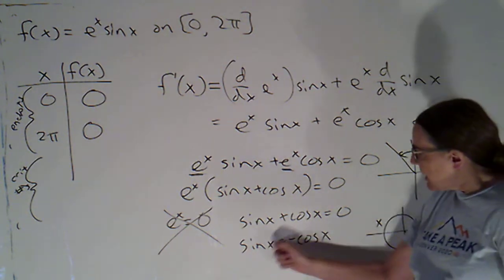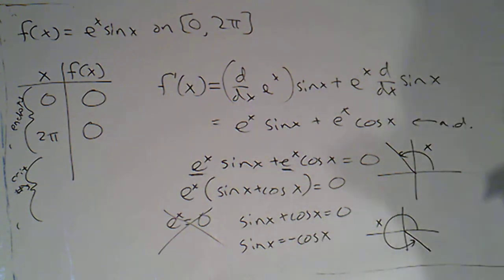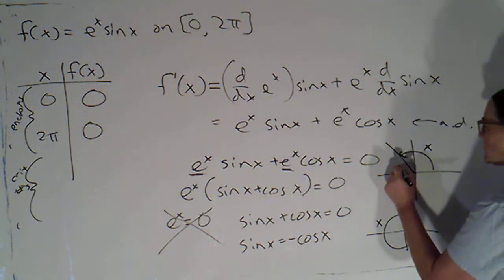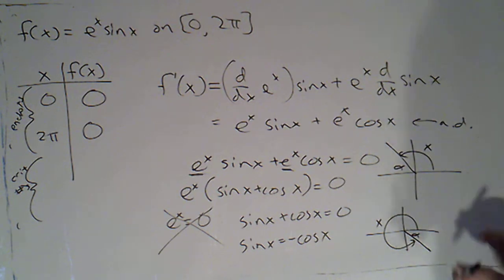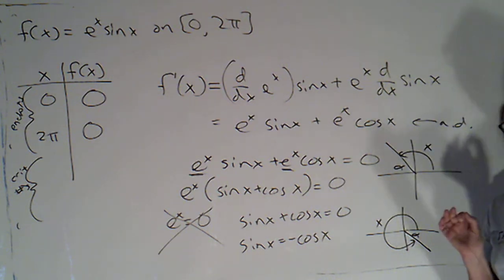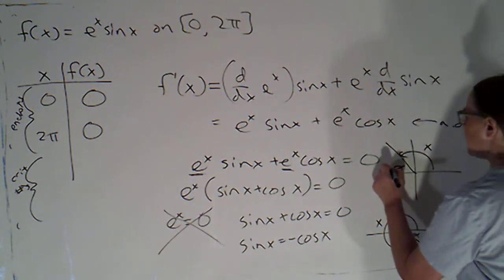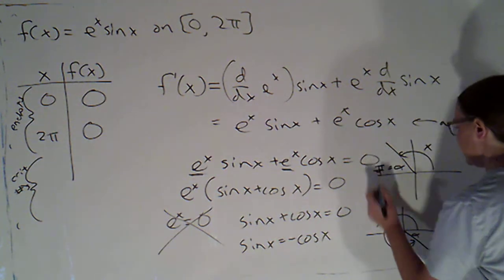And now if sine and cosine are exact opposites of each other, that means they have the same absolute value. So the reference angle, alpha here, has to be the acute angle that has the same sine and cosine. We should recognize that that's going to mean that alpha is pi over 4.